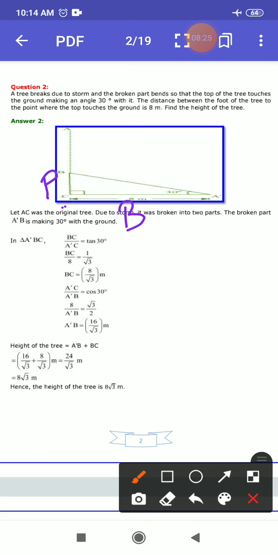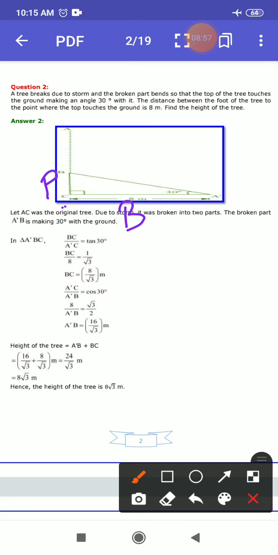Now what is the relation between perpendicular and base? So here you know that the relation is tan theta. So tan theta is equal to perpendicular upon base, and you see in the picture BC is the perpendicular and base is A dash C. So we have to write tan 30 is equal to BC upon A dash C, and then put the value of A dash C as 8, and tan 30 value you very well know is 1 upon under root 3.